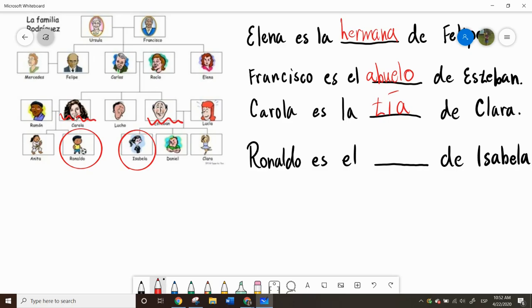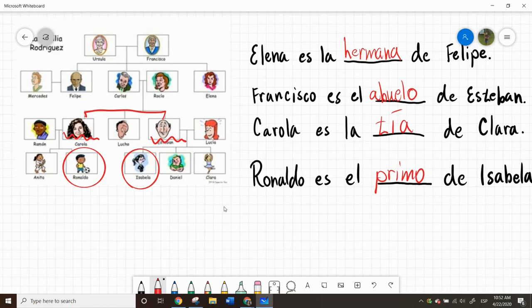His mom is Esteban's sister, right? So they're siblings. So that means that if your parents are siblings, right, then that means that you guys are cousins, right? So his mom is her dad's sister, etc. So we're going to say cousin here, so we're going to say el primo.